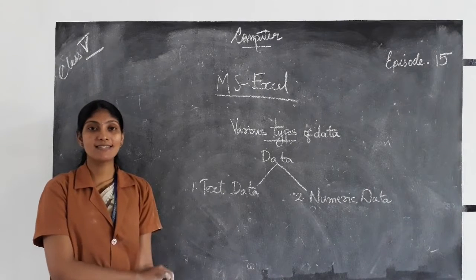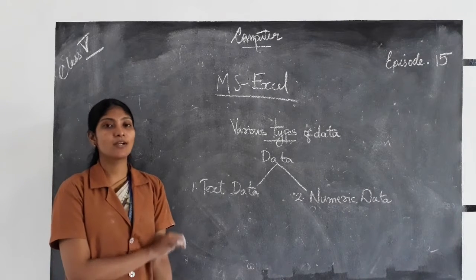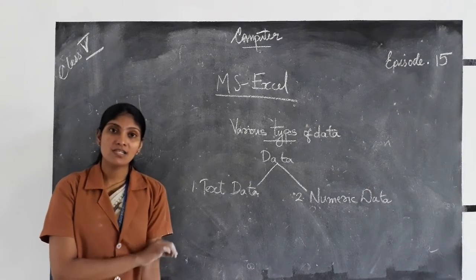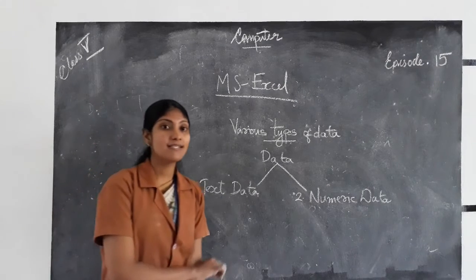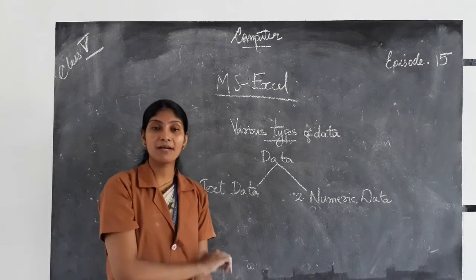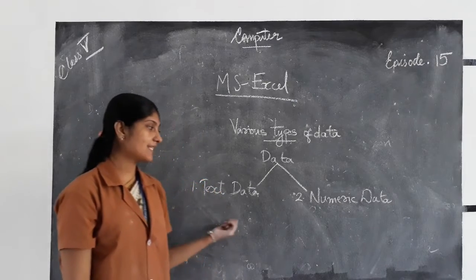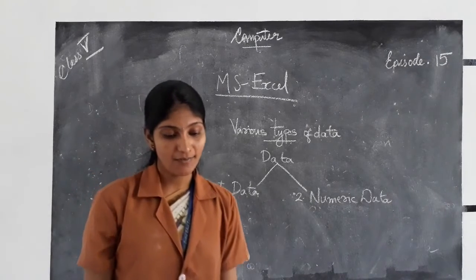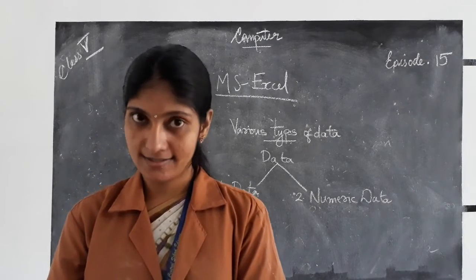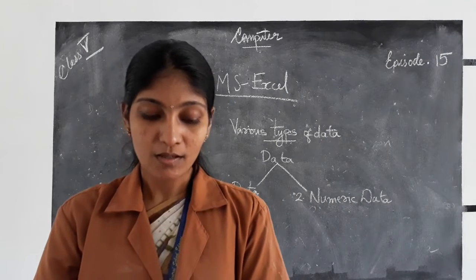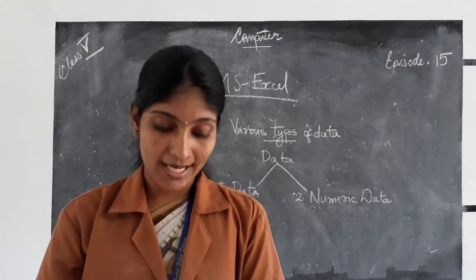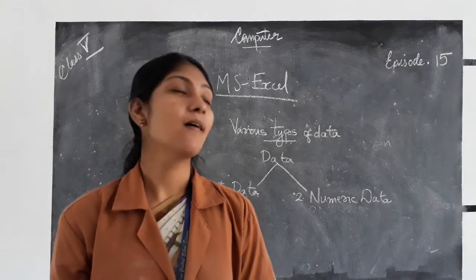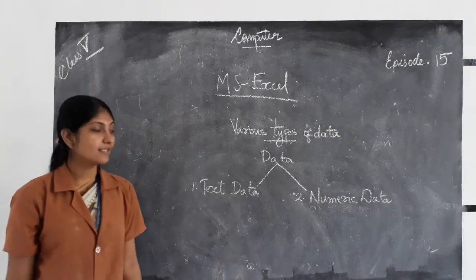Text means it consists of a string. String means a group of letters, group of alphabets, numbers, or the combination of numbers and alphabets, etc. That is text data. So here the definition is text data consists of alphabets, combination of alphabets, spaces and numbers, etc.